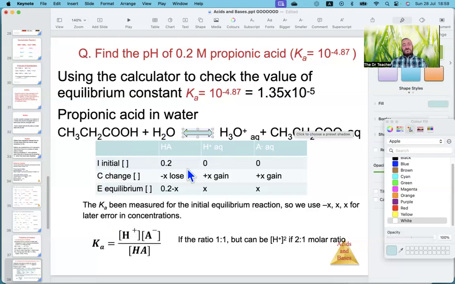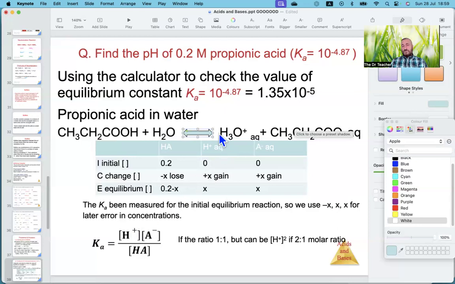Here there is a 1-to-1 ratio, but if there were 2 moles of the proton, we could put it to the power of 2.